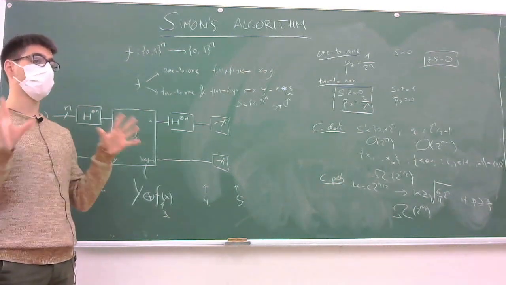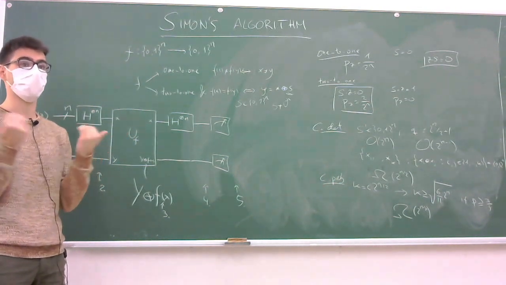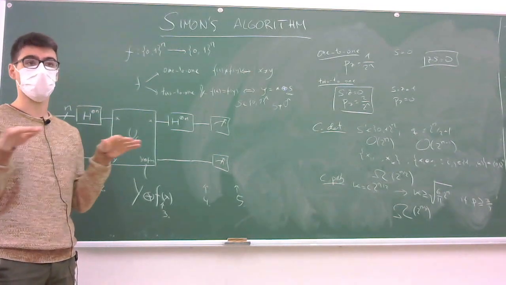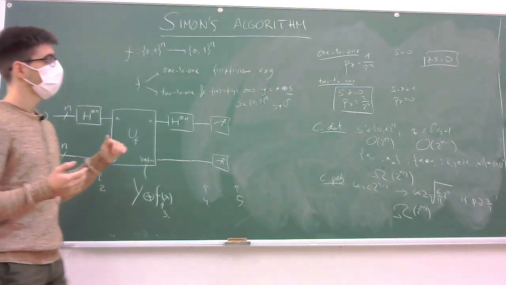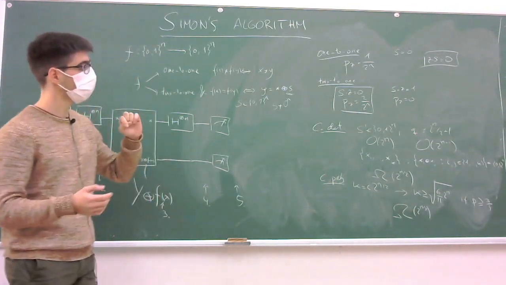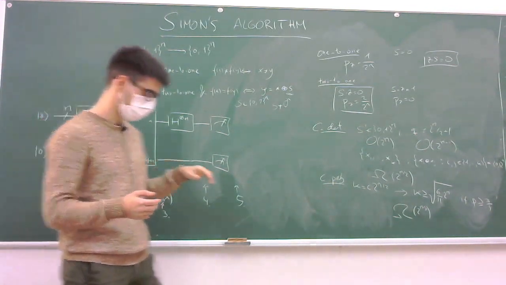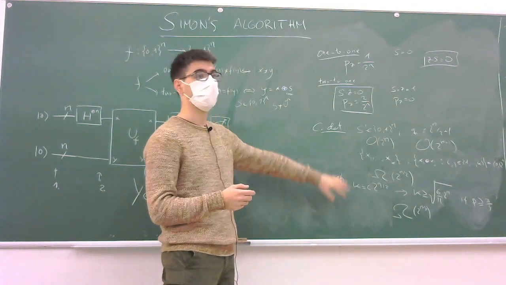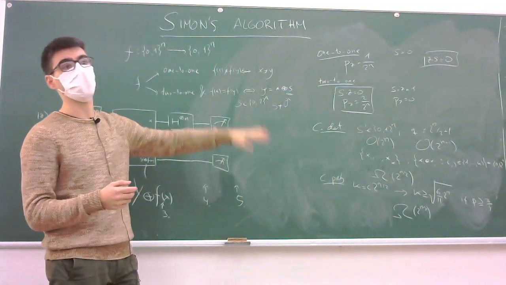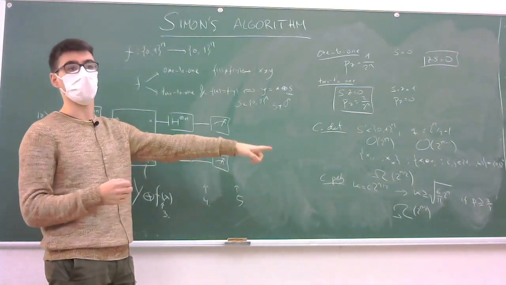Because in both cases, the asymptotic complexity is constant. But in this case, Simon's algorithm also shows an advantage with respect to the classical probabilistic approach. Because Simon's algorithm is polynomial and the classical probabilistic one is still exponential in n.